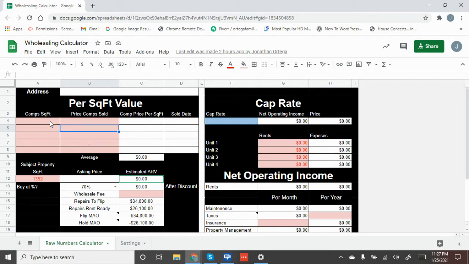I'll show you the formula that I use in this calculator. Let me delete this, this is from a previous property. This particular calculator does the calculation for the formula that I'm going to teach you how to do.